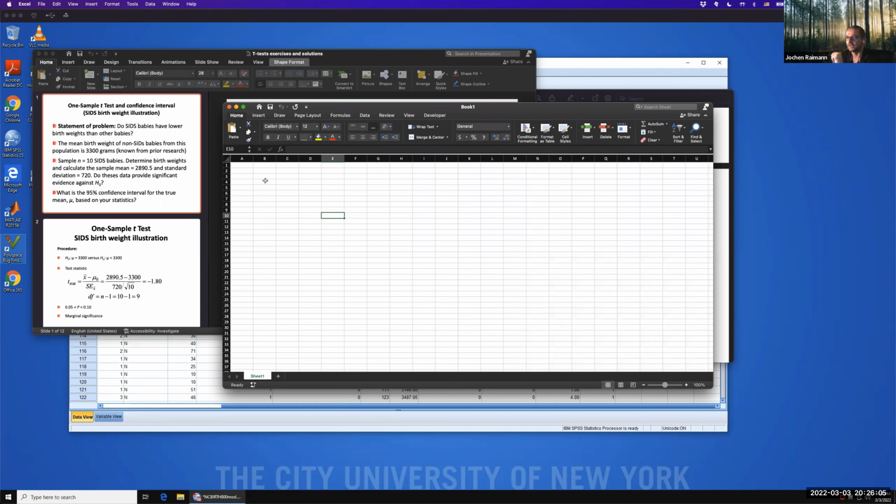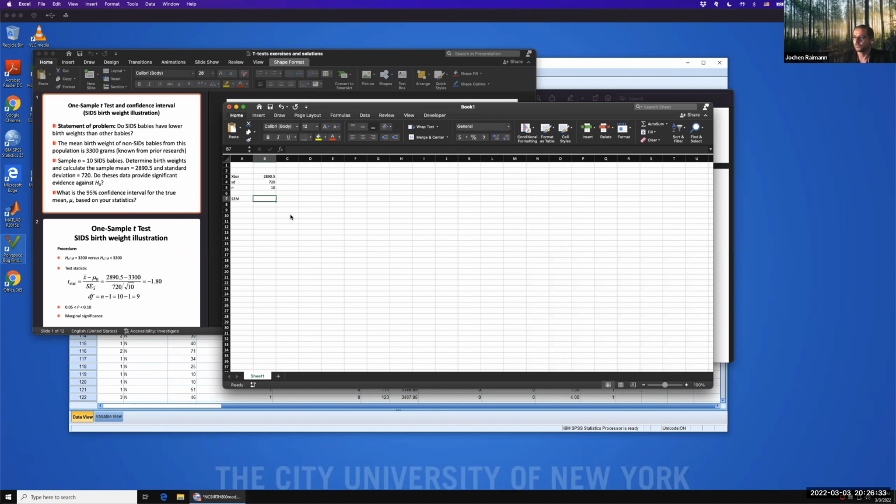So the idea behind that is, if we are now looking at 2890.5, this is our sample mean, X bar. This is our standard deviation of the sample, 720. We have an N of 10. So we're calculating now the standard error of the mean.